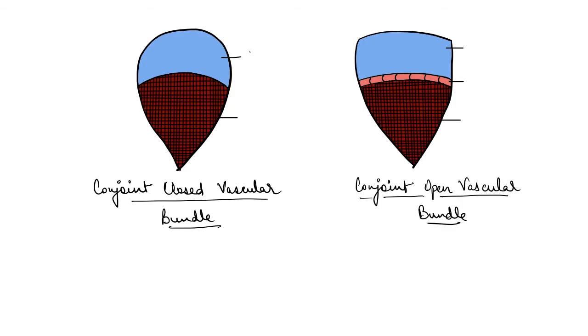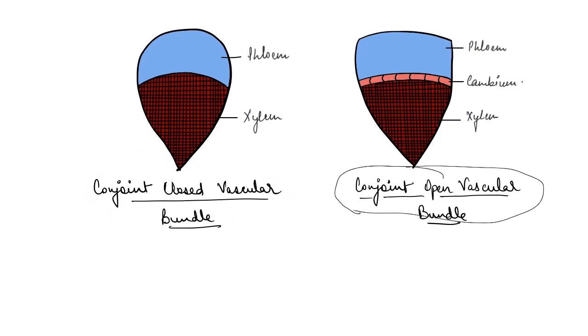We can see that this is phloem, this is xylem. Again here, this is phloem, this is xylem. And in the middle here we have cambium. So these are conjoint closed vascular bundle and conjoint open vascular bundle, and this type of arrangement is present in stem and leaves, while the radial arrangement is present in roots.